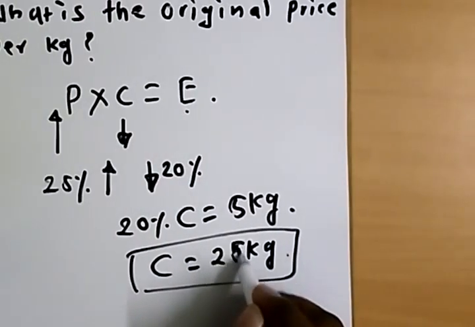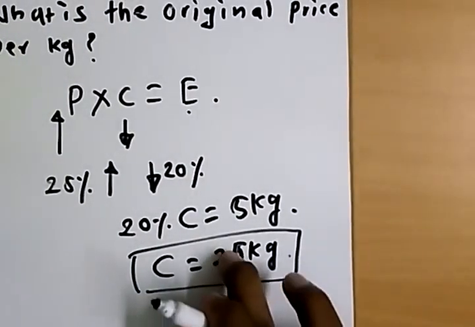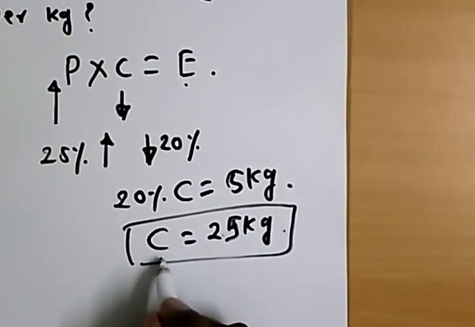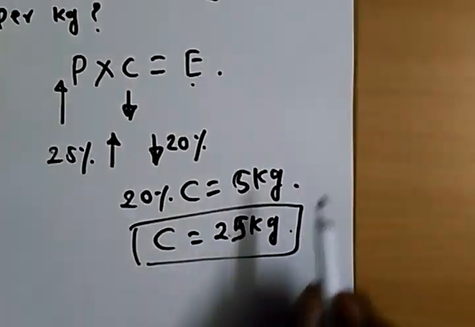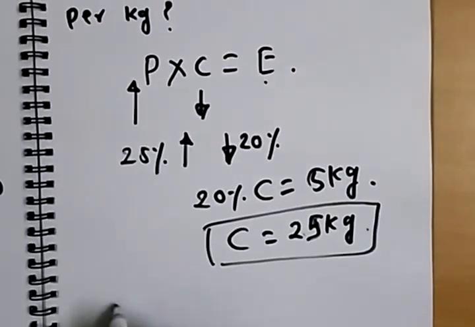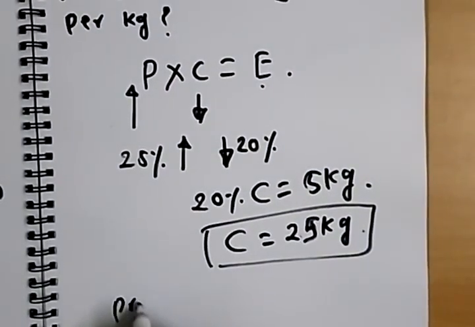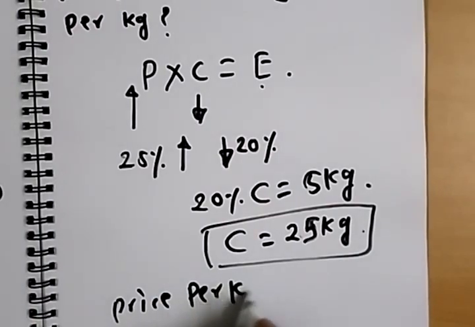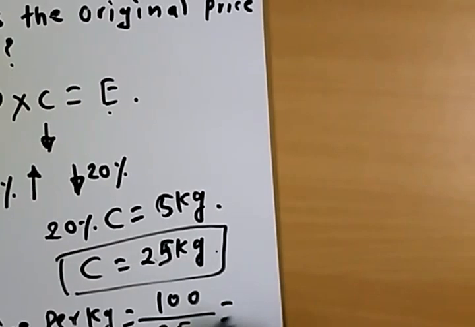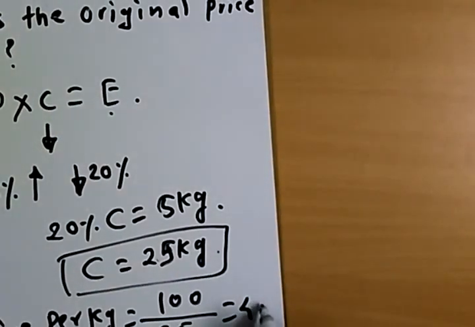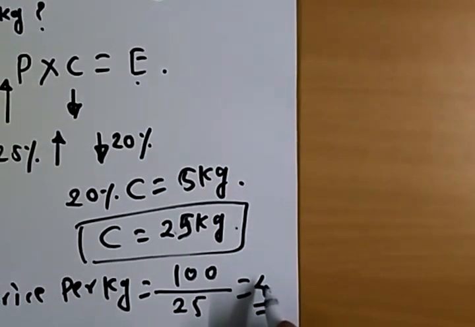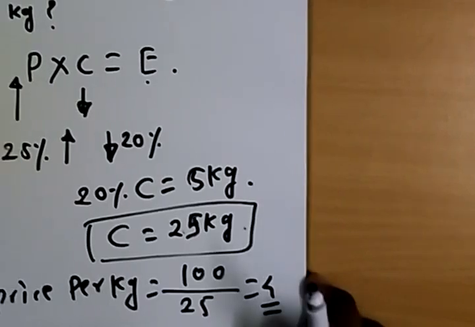So the original consumption must be 25 kg. If the original consumption is 25 kg and the original price we are paying for that consumption is rupees 100, right? So the price per kg will be equal to 100 divided by 25, that's rupees 4 per kg. That much price we are paying originally.